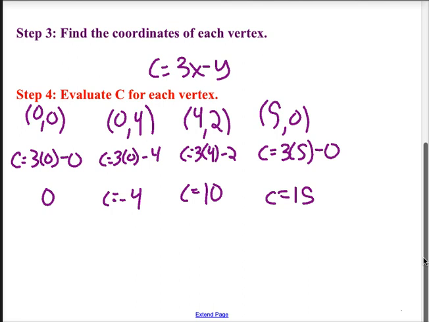So after I find my vertices, I plug them in to my objective function so I can find my minimum or maximum, depending on which one I'm looking for.